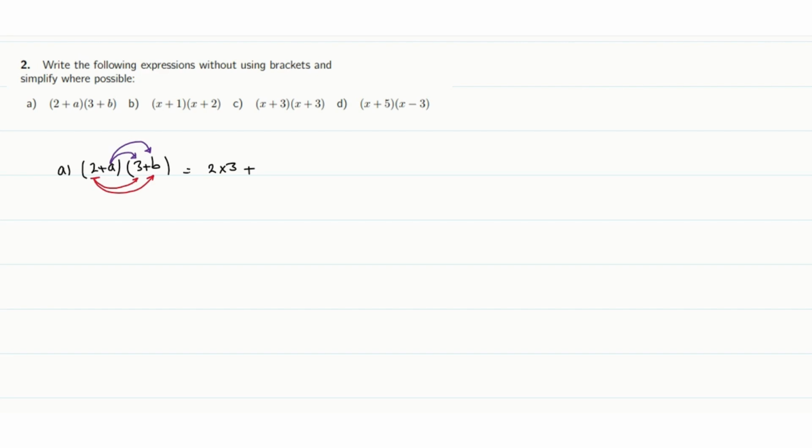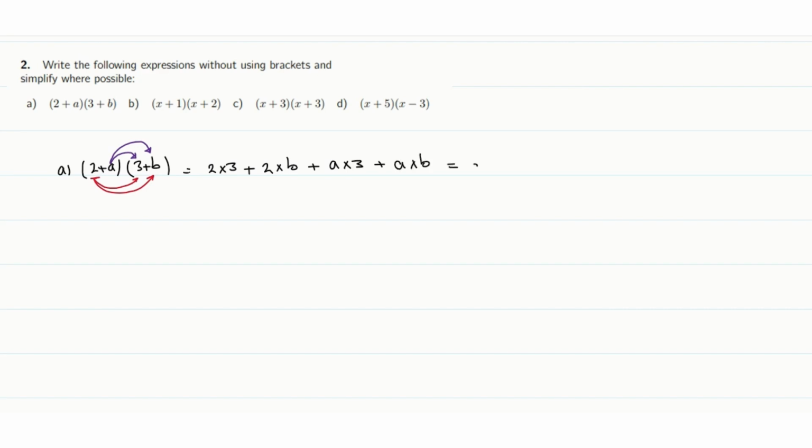The second multiplication would be 2 times b plus. Now we go to the second term in the first bracket, and we need to do the same process. The multiplication of the second term in the first bracket would be a times the first term in the second bracket plus now a times b.